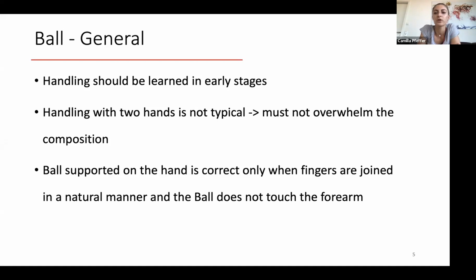It's a sign of very good technique that you keep the ball only in 1 hand, and of course in the right manner also. So the ball is supported on the hand, in the middle of the hand, and the fingers join the ball in a very natural manner. So the ball does not touch the forearm.